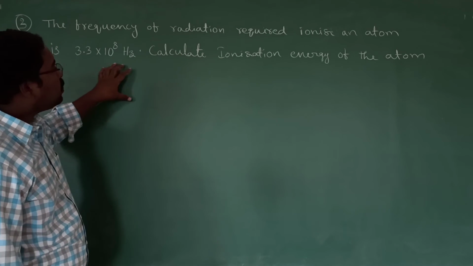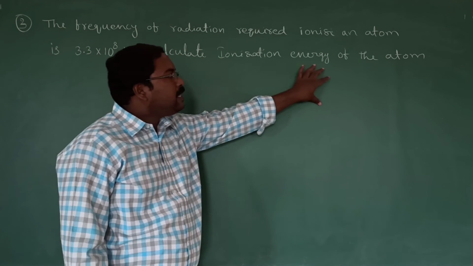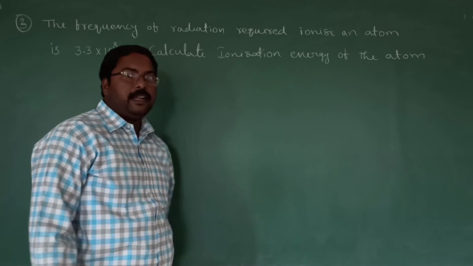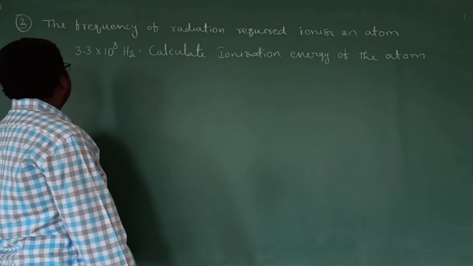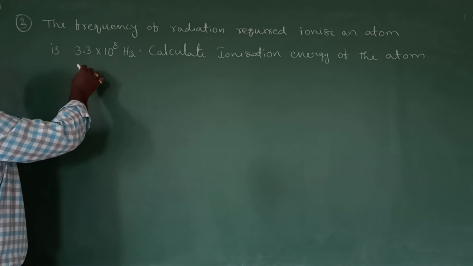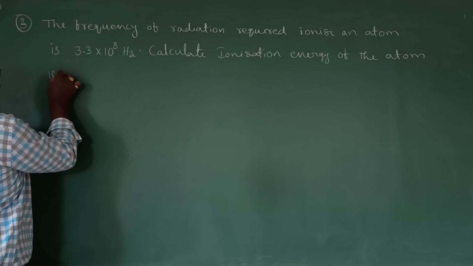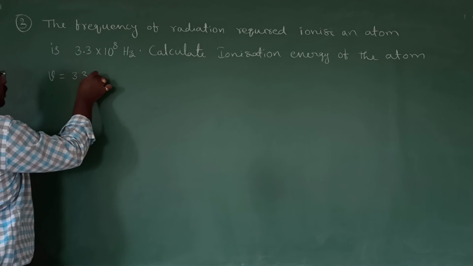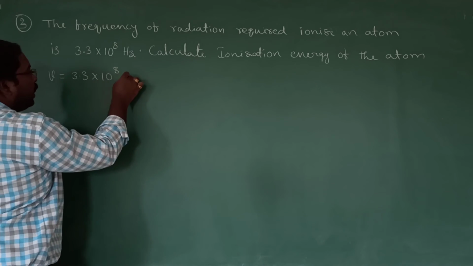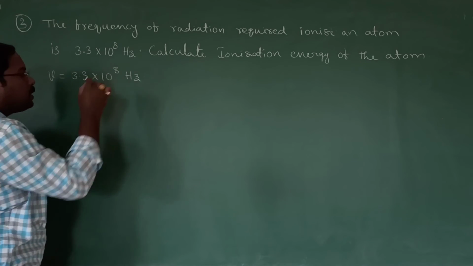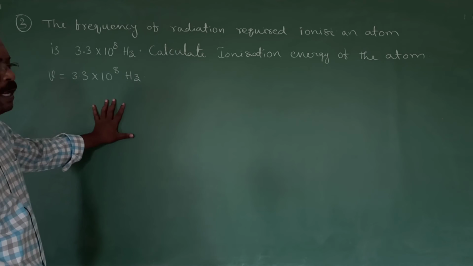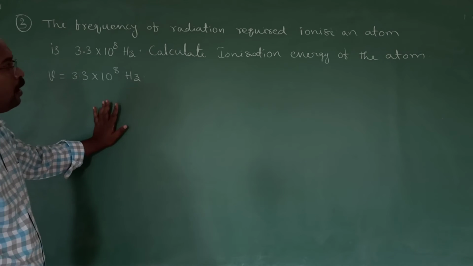Now they are asking us to calculate the ionization energy of the atom. Okay. So here they have given the frequency, this much. Hertz means number of cycles per second. So there is no need of any conversion regarding this.